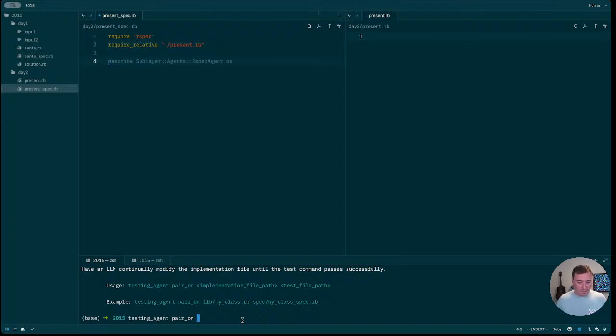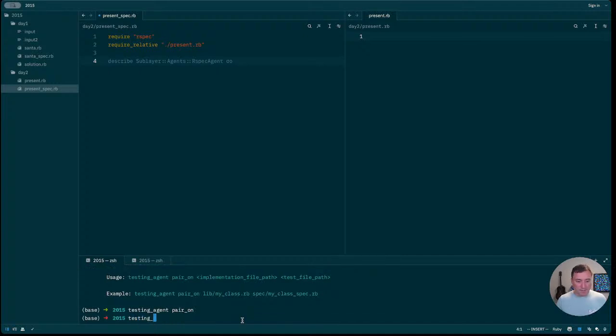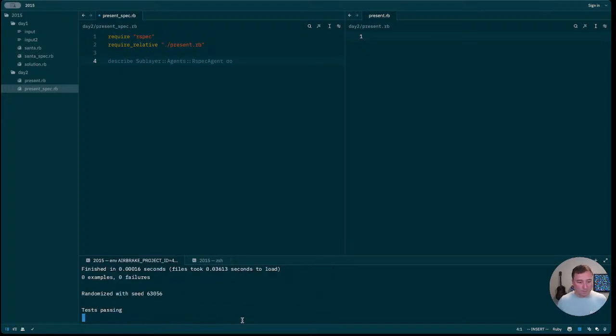And let's go ahead and set up the pair here. So testing agent pair on day 2 present.rb and day 2 present_spec.rb. Cool, and tests are passing. And we can get going.